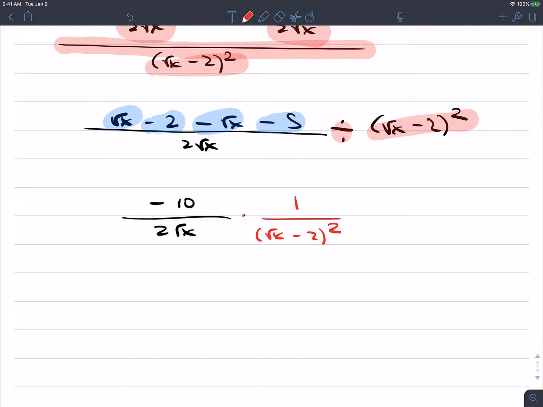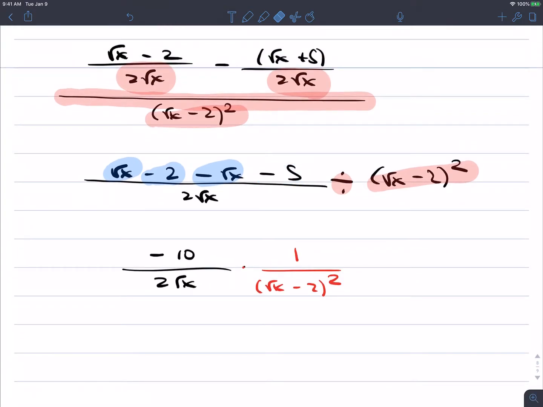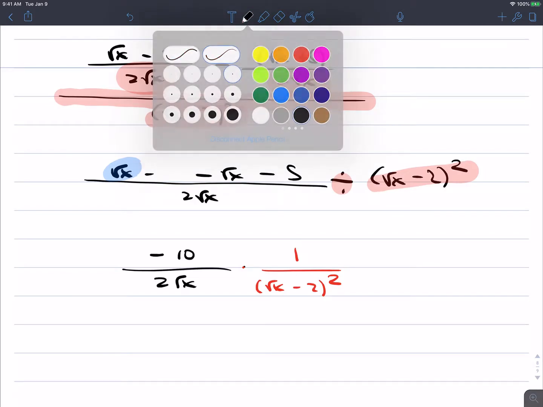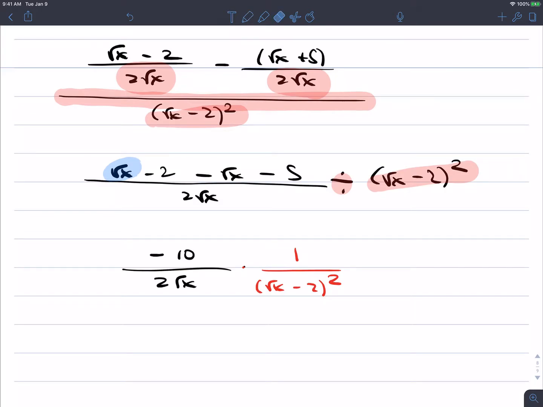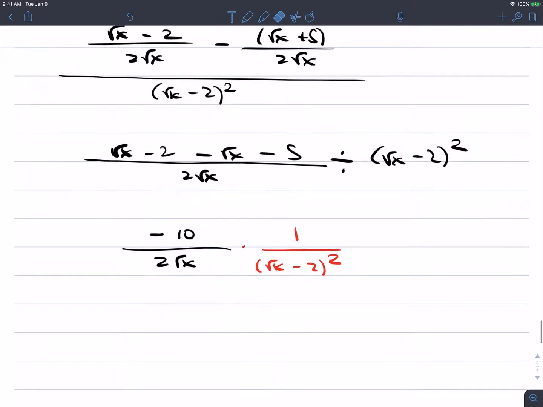Because we're working here with how to divide a whole number, you multiply by the reciprocal. Okay, let's get rid of some of these things here. Okay.